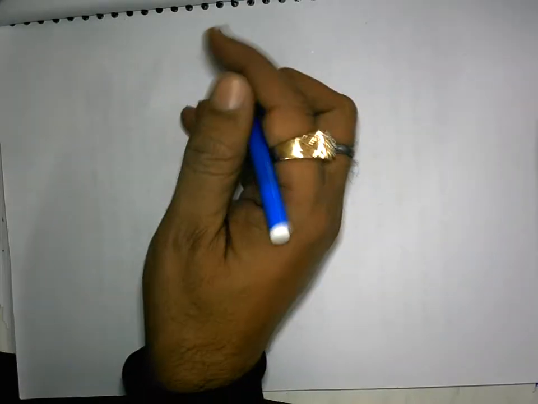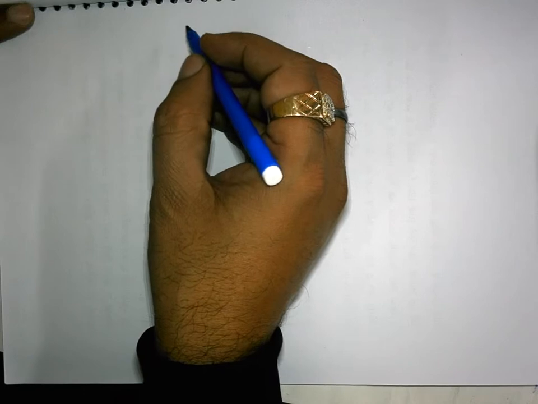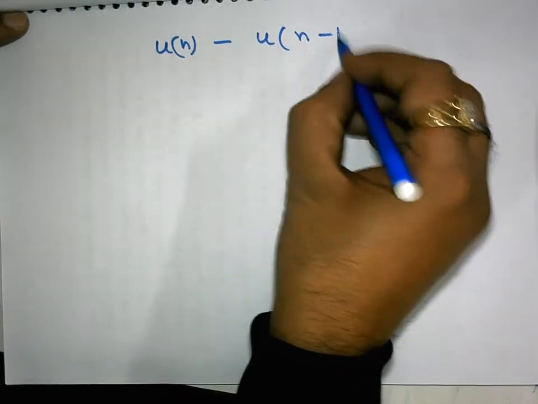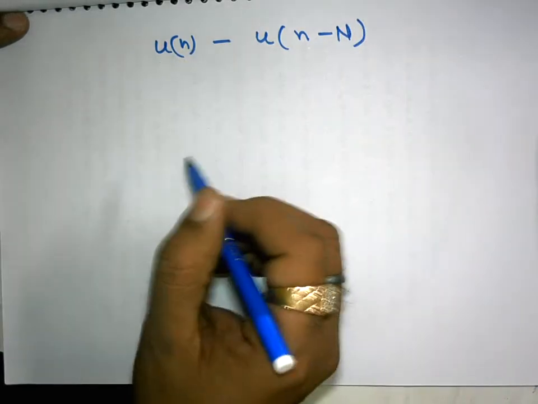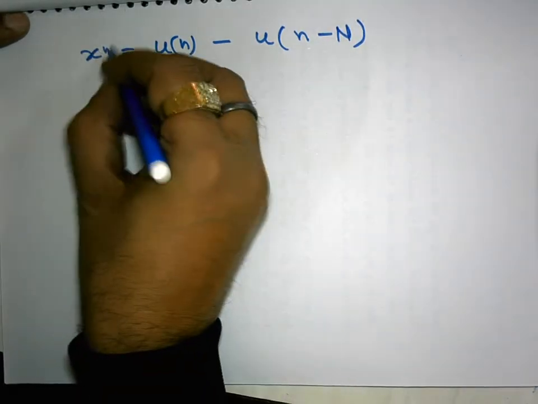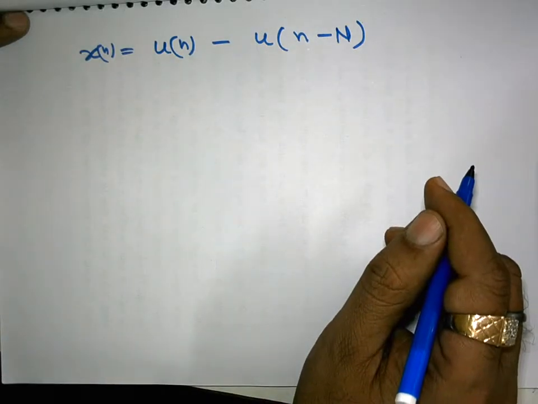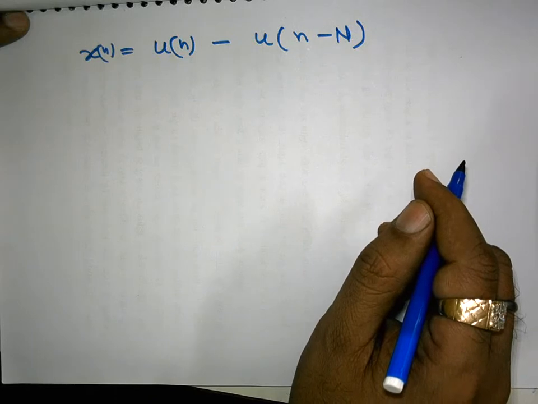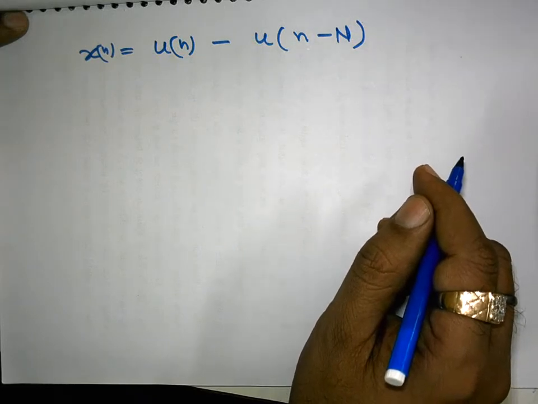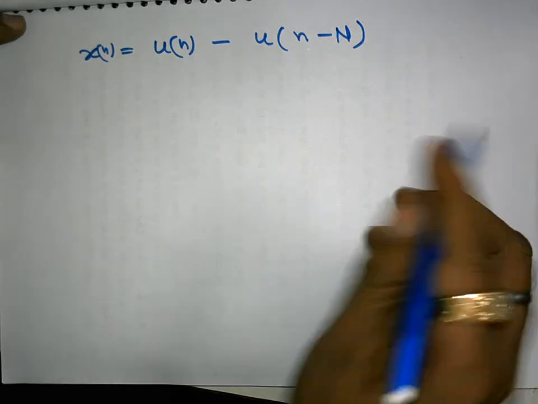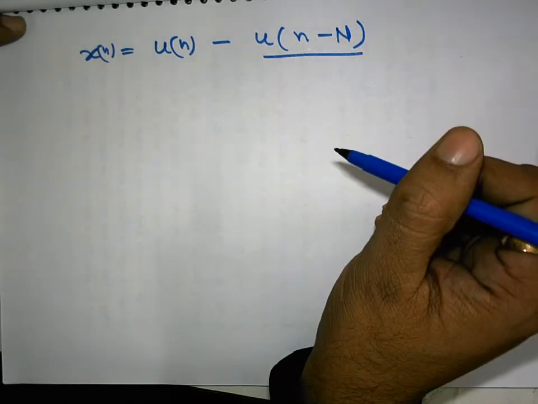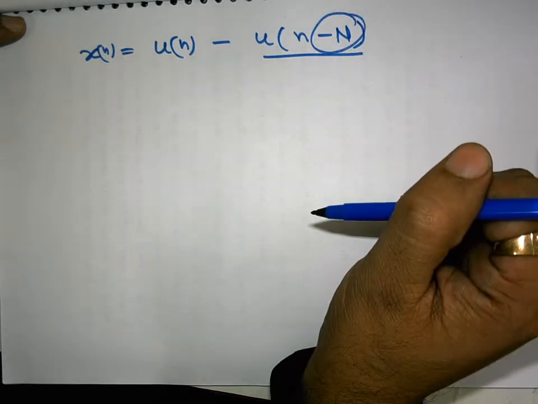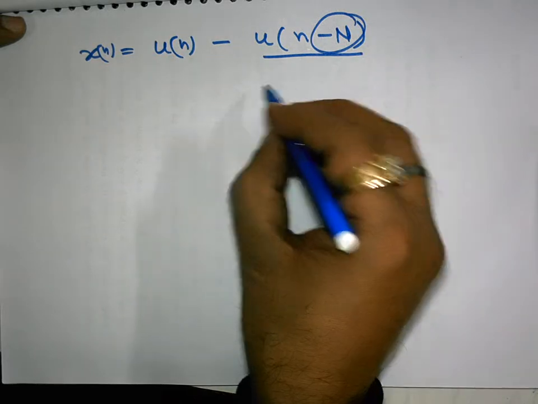Now let us solve this signal once again using the time shift property. If we have to evaluate the z transform of u(n minus n), this is a signal, and now we have to solve it using the time shift property. What does this property say? This signal is simply the shifted version of u(n), and n is the amount of shift.